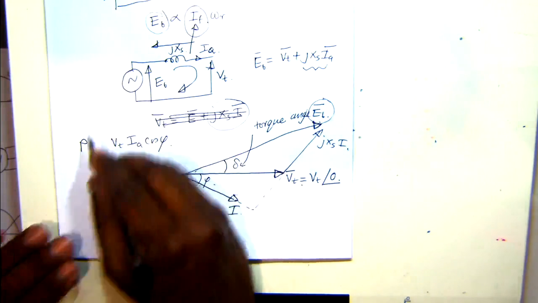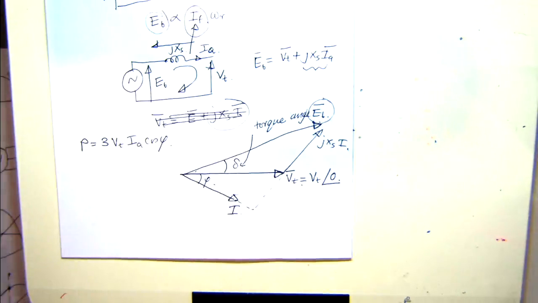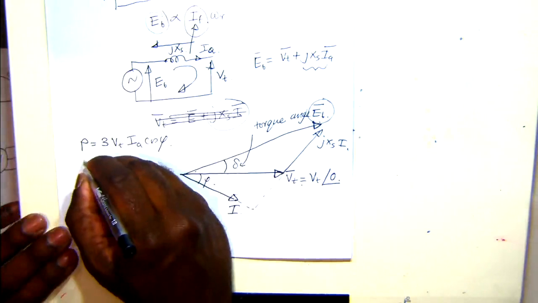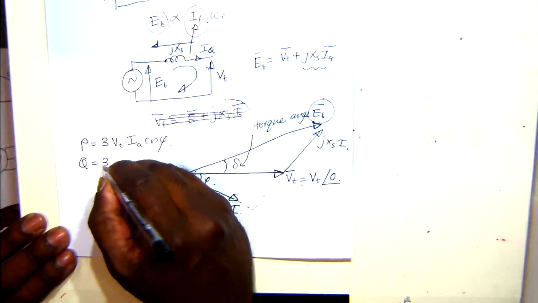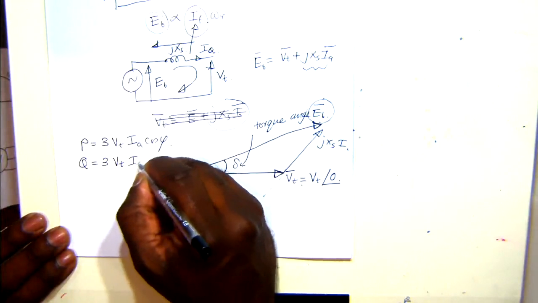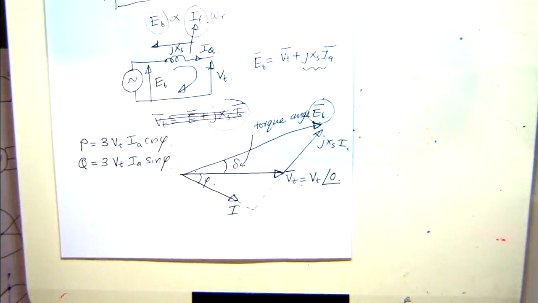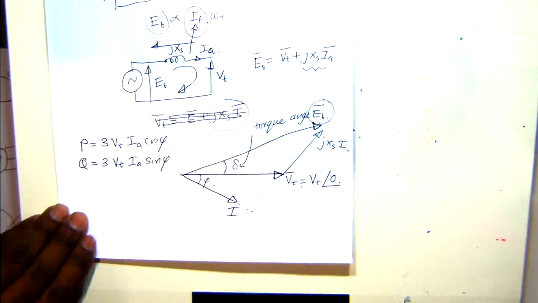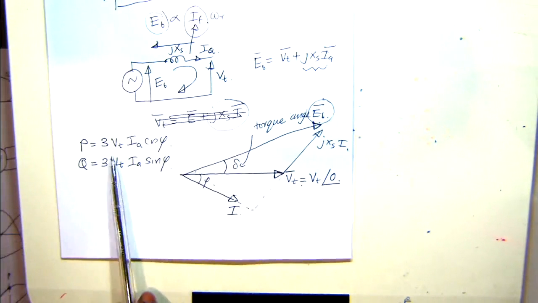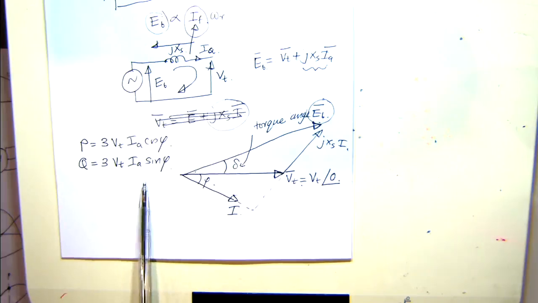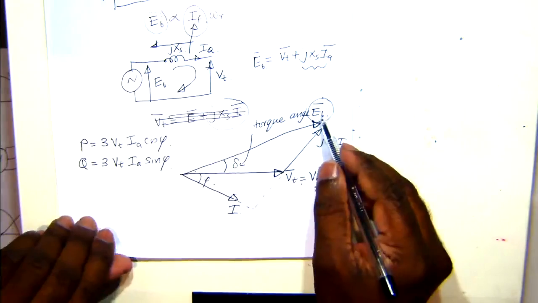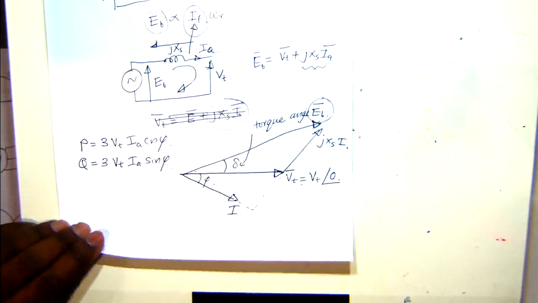You have 3 times this for the total synchronous generator. Then Q is 3 times Vt Ia sin phi, the reactive power transferred to the grid. We are interested in writing this in terms of voltages. E is something we can control, so we like to write it in terms of E, the excitation voltage.